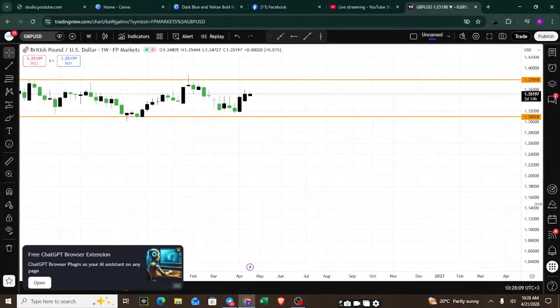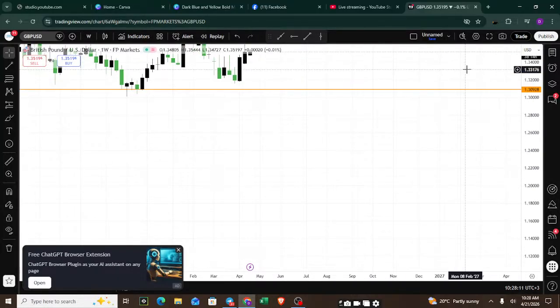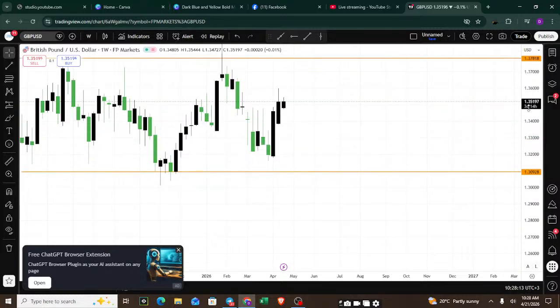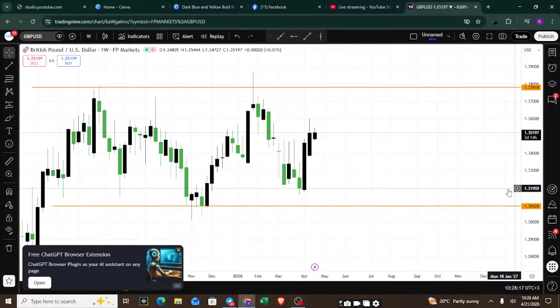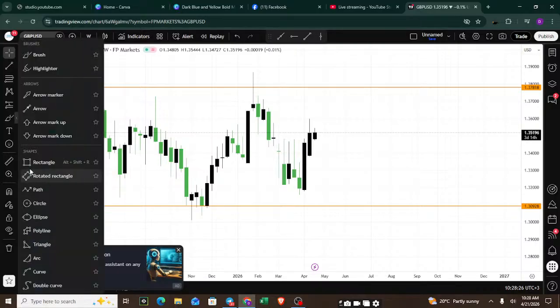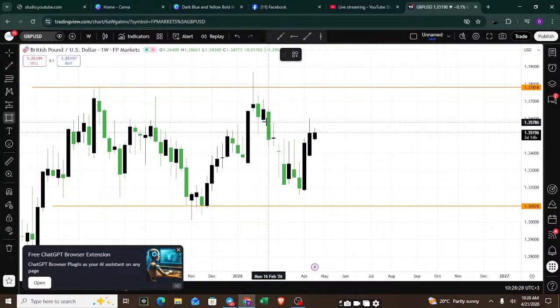On the weekly time frame, it is still the same phenomenon. But on the weekly time frame, we see something very interesting, which is that price came and filled this fair value gap here.